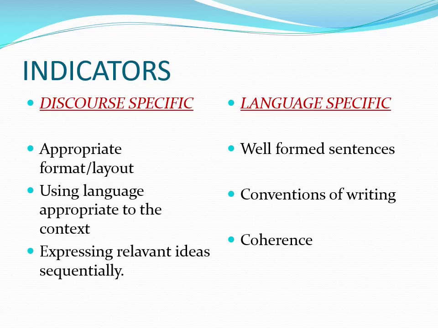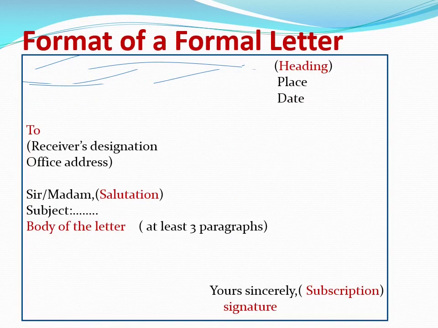Then we'll move to formats. So here, what are the formats of a letter, especially a formal letter? So generally we write heading, place and date, here on the right side top. Conventionally we write these on the right top corner, but nowadays we can write these two things, place and date, on the left side top corner.